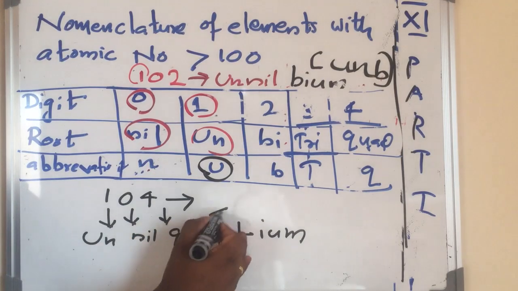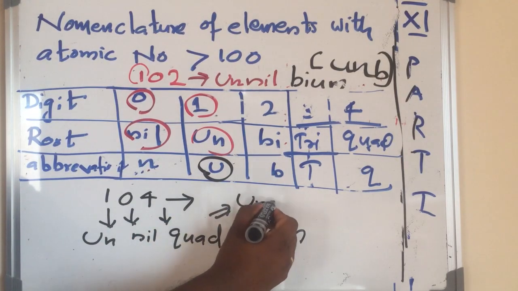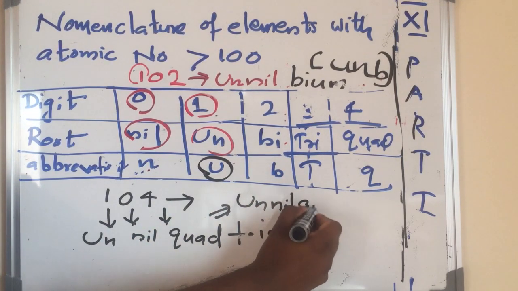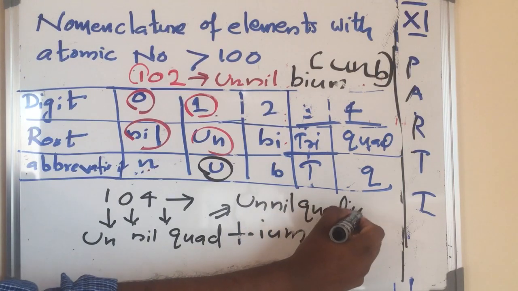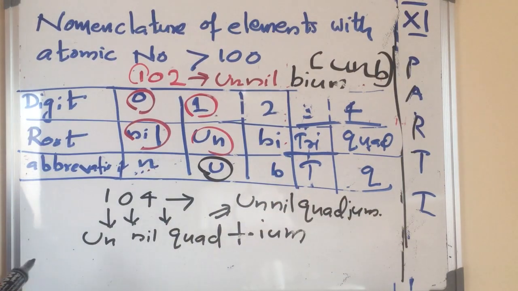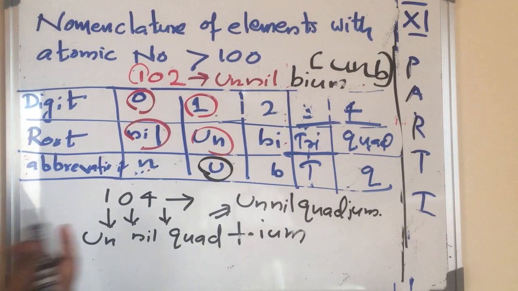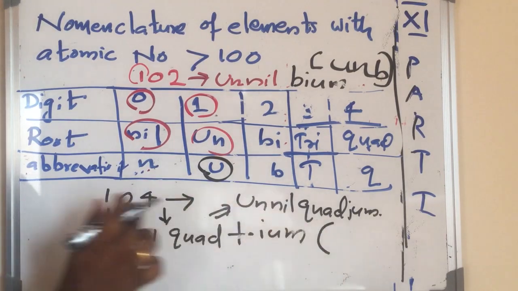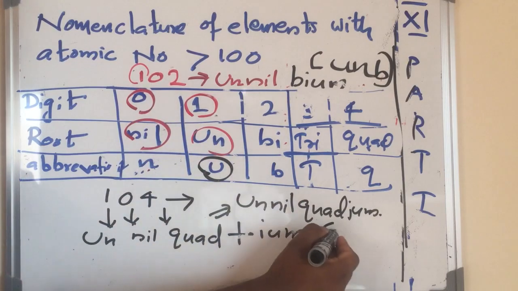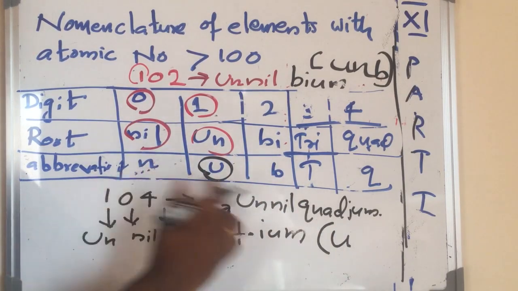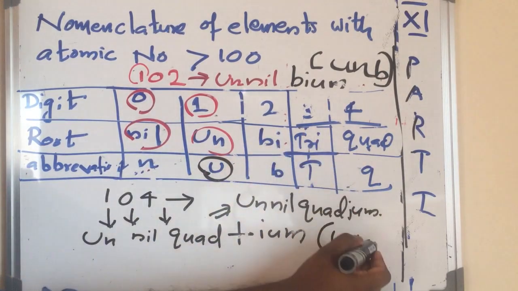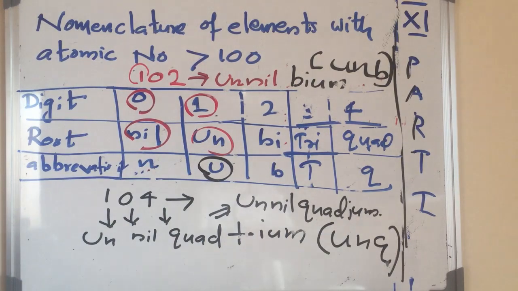So what do you get? Un-nil-quadium. This is the name of the element with atomic number 104 according to the IUPAC rule. And what is the symbol? 1, U. Nil, N. Quad, Q. UNQ. UNQ is the symbol of this element.